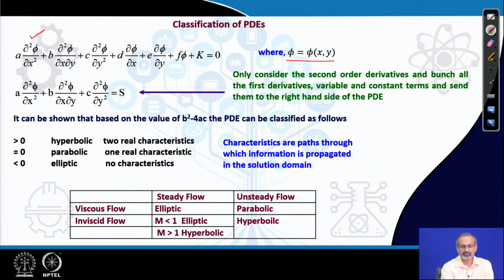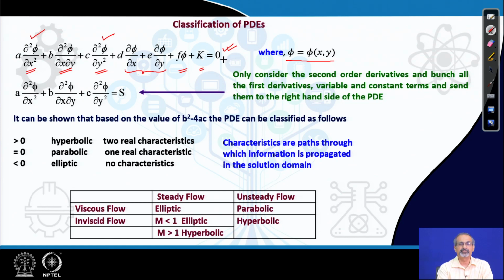So, you have a second order partial derivative of phi with respect to x, with respect to y, and a mixed derivative in both x and y. These are all second order derivatives. These are followed by first order derivatives, followed by the variable phi as well as a constant term k. So, this entire expression equates to 0. This is the partial differential equation that we have in hand.